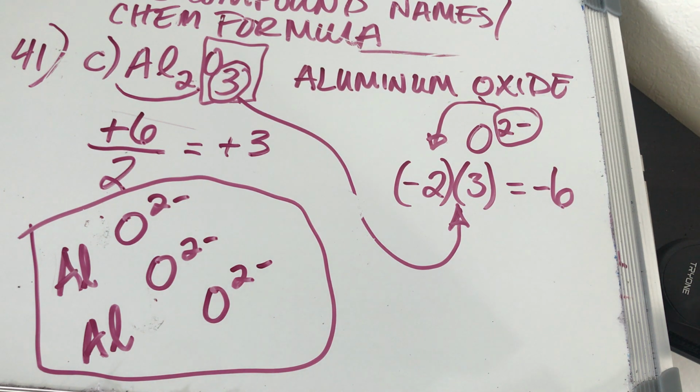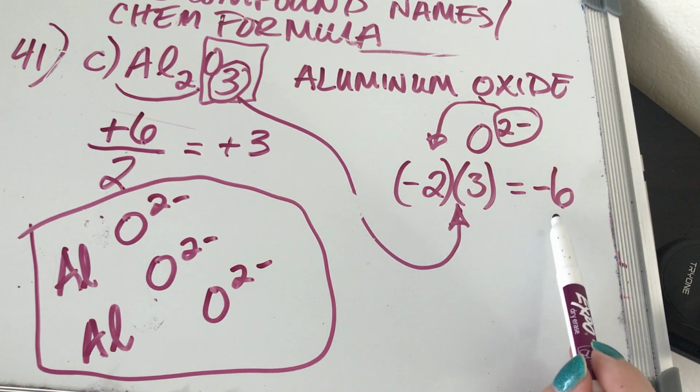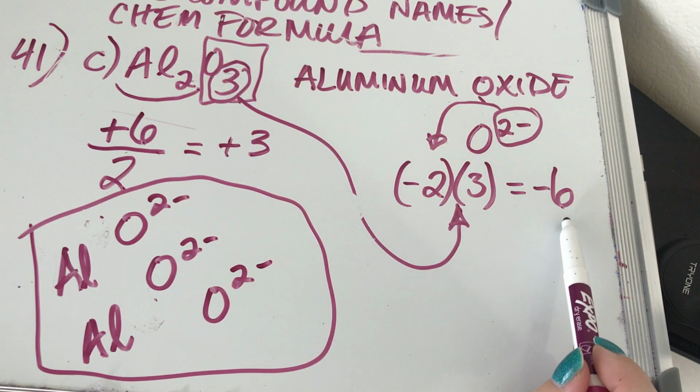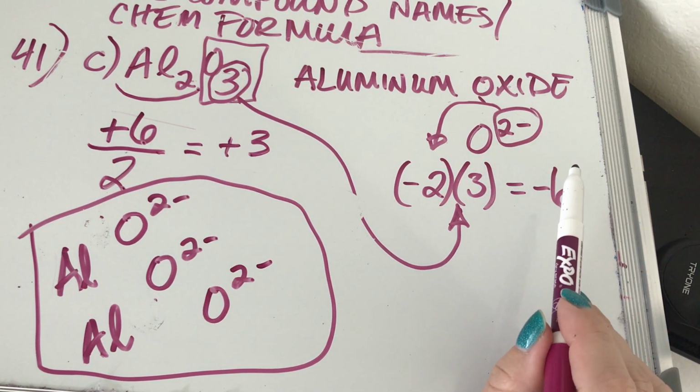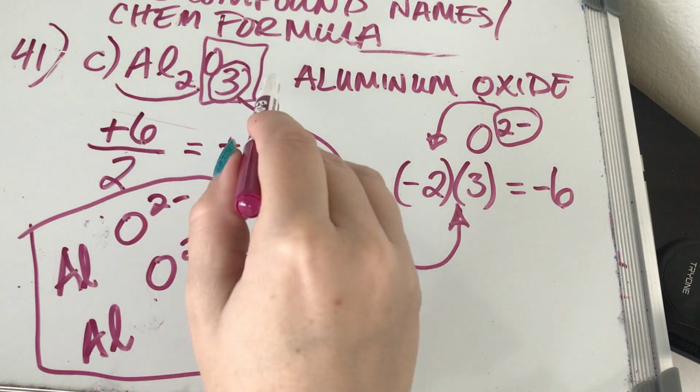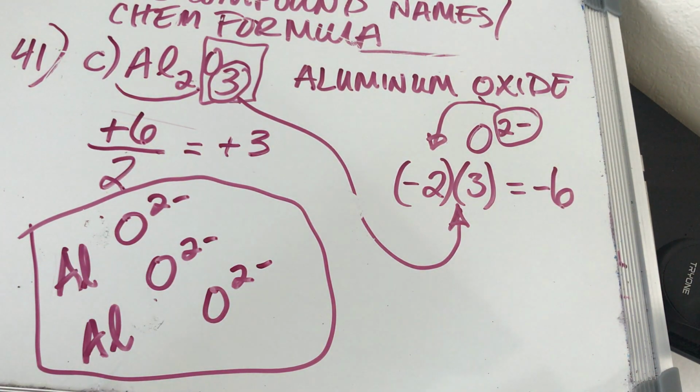Each one of them has a -2 charge, so -2 times 3 gives you a -6. Whatever your negative charge is, you must have an equivalent positive charge in order for this to be a neutral compound, which it always has to be. Neutral meaning no net charge.